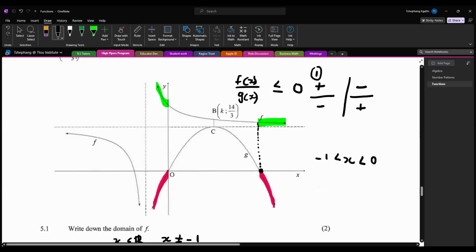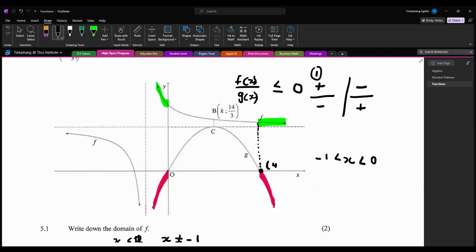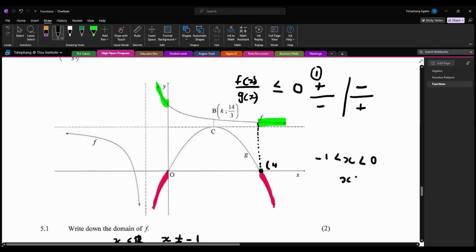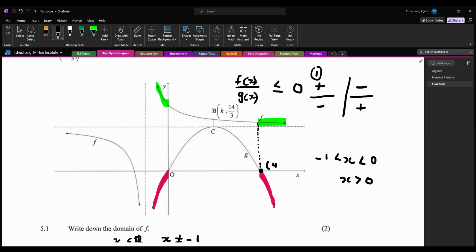I know what that is. And what is that? I know that point is 4. Remember, we have the equation of g of x, so we can find the x value. Now, how do we represent that region? We'll simply say x is greater than 0.